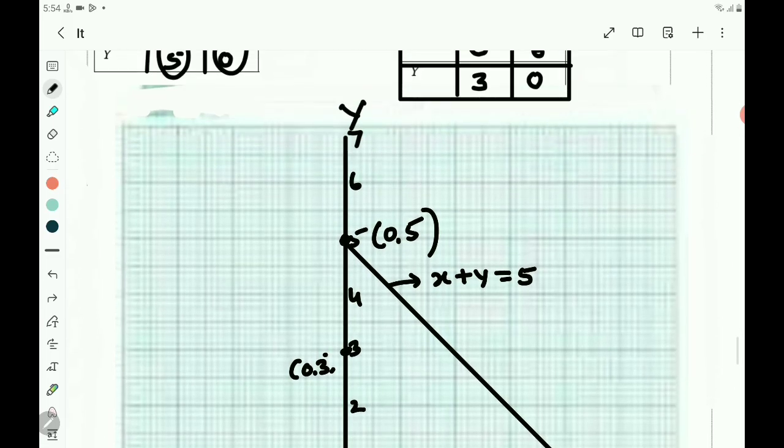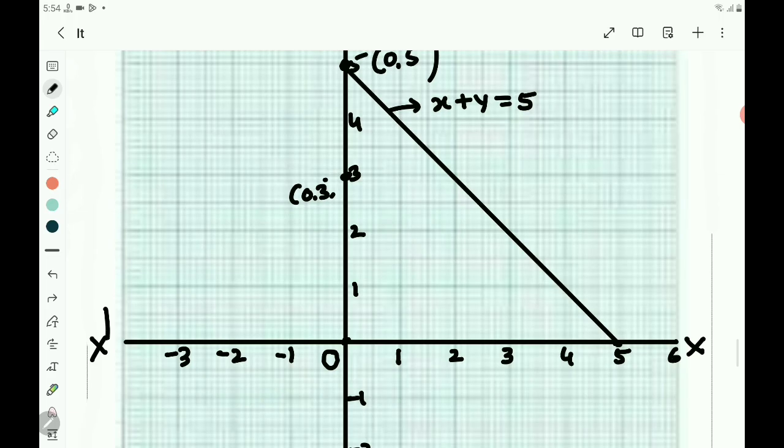So it lies on the y-axis. Next one is 6, 0. The point comes here. 6, 0. Y value is 0. X value is 6. So it lies on the x-axis. Here this is the point 6, 0.